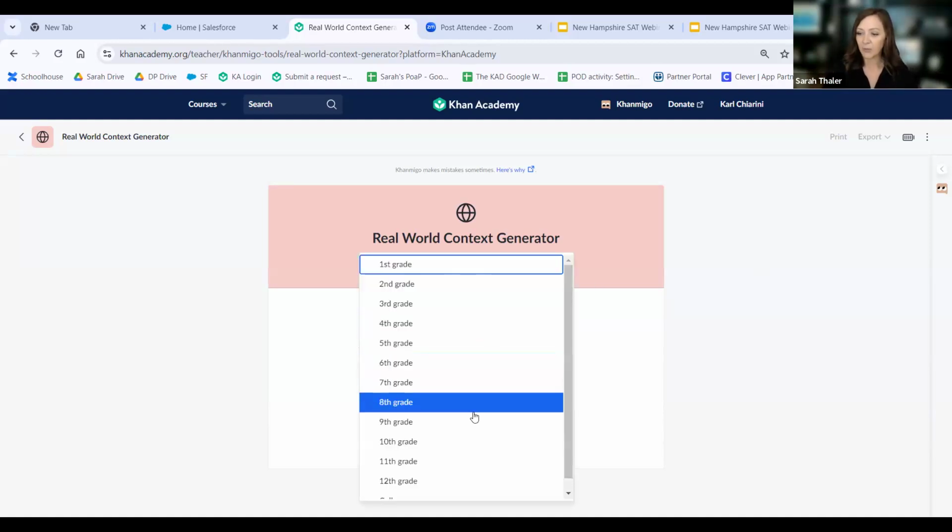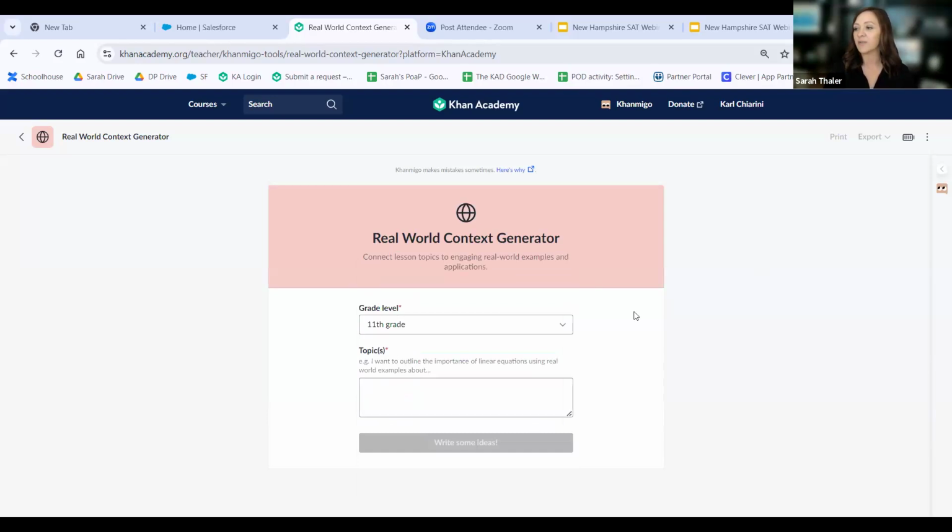So let's say I'm going to be working obviously with my 11th graders for the SAT, and I want to know why is it important to learn words in context for, let's say, I don't know, electricians. So this electrician doesn't want to go to college. Why do I need to learn about words in context?